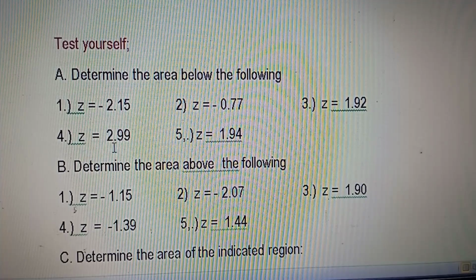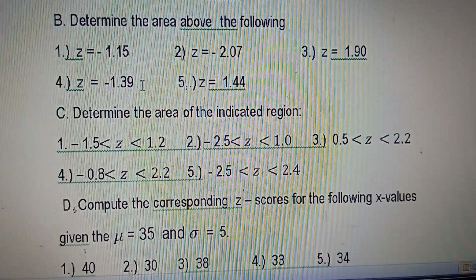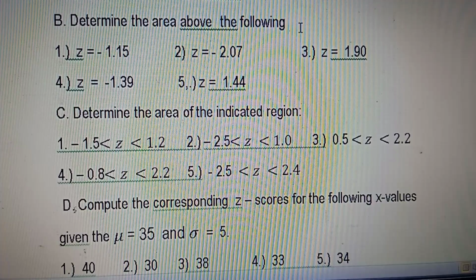Number 4, Z equals 2.99. Number 5, Z equals 1.94. For letter B, determine the area above the following Z values. Z equals negative 1.15. Number 2, Z equals negative 2.07. Number 3, Z equals 1.90. Number 4, Z equals 1.39. Number 5, Z equals 1.44.